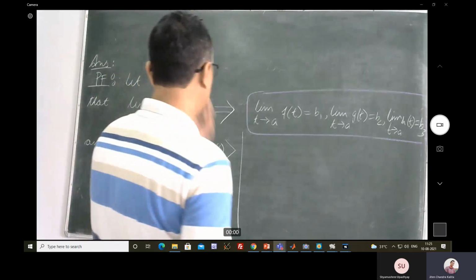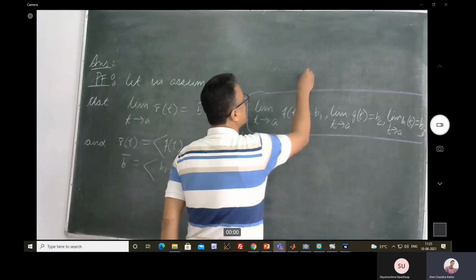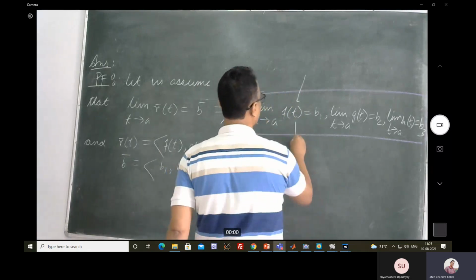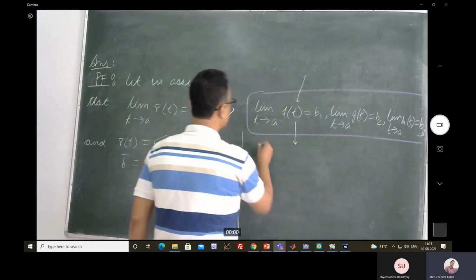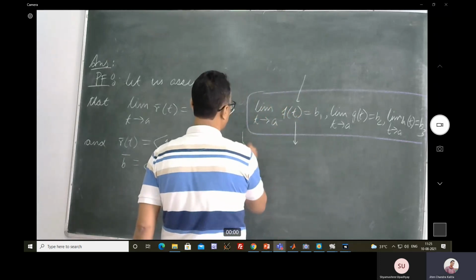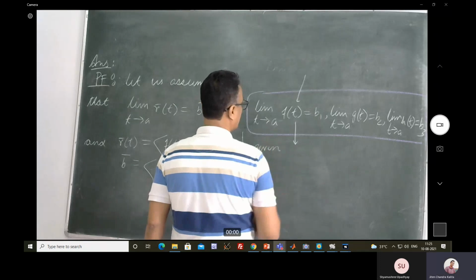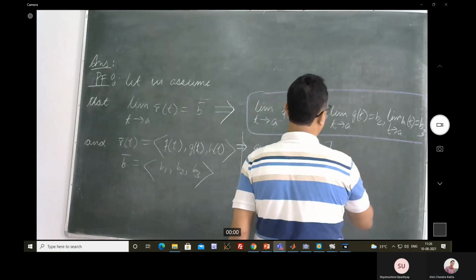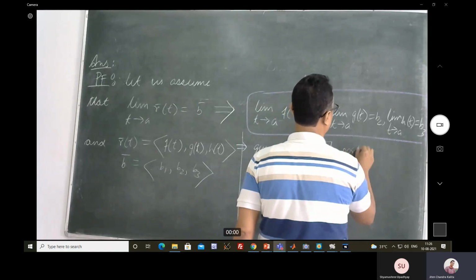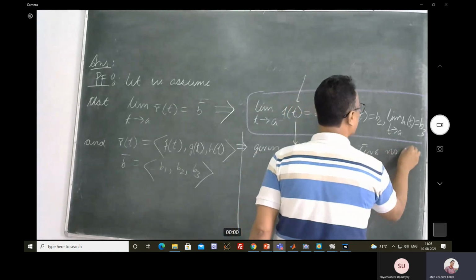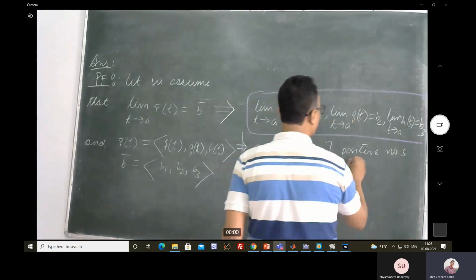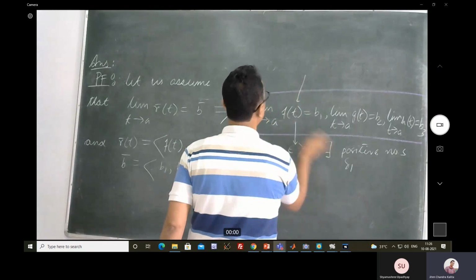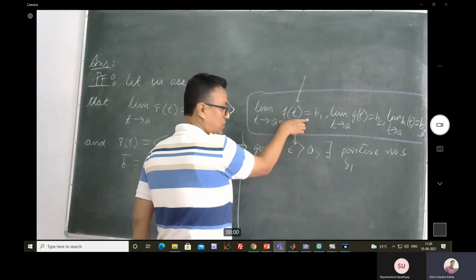So now, if I go by the definition of limit for a function of one variable, from this I can say that this implies: given epsilon greater than 0, there exist positive numbers. Firstly, I'm going to call it delta 1, and relate delta 1 to this function.